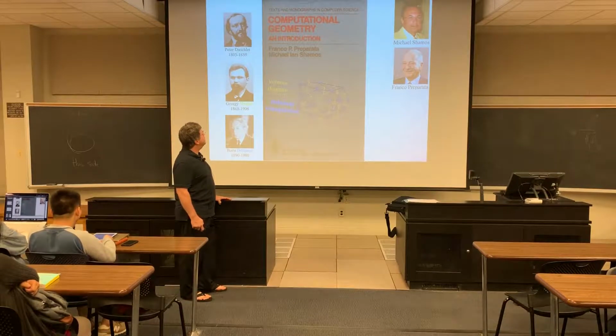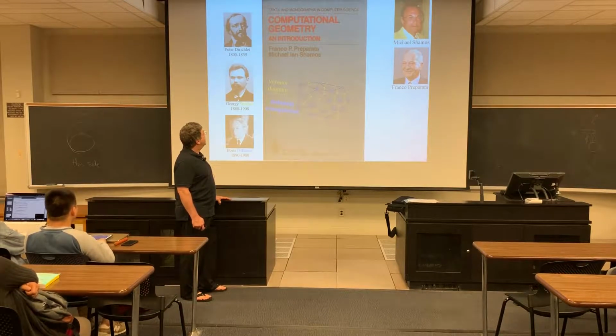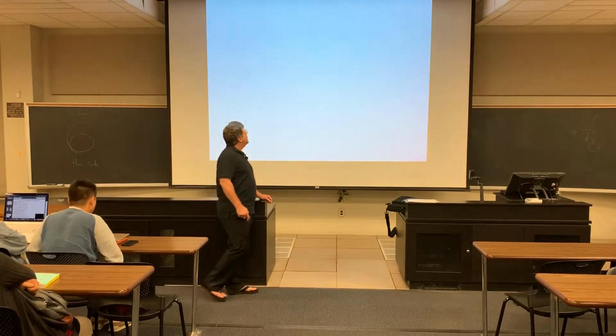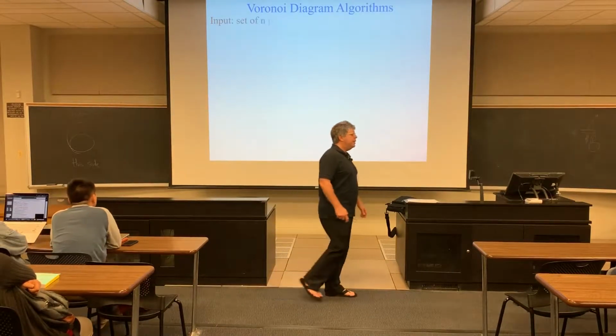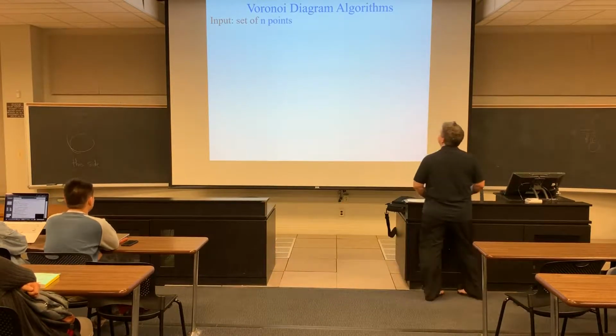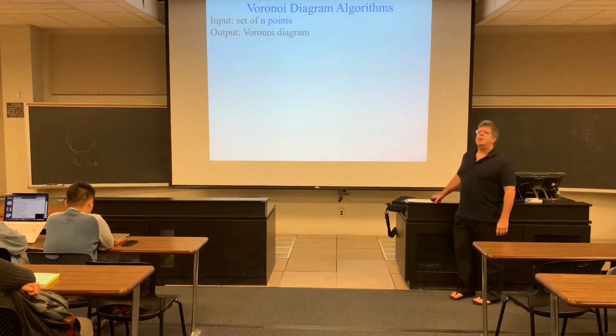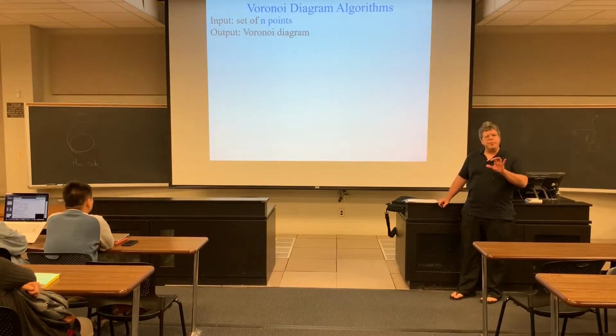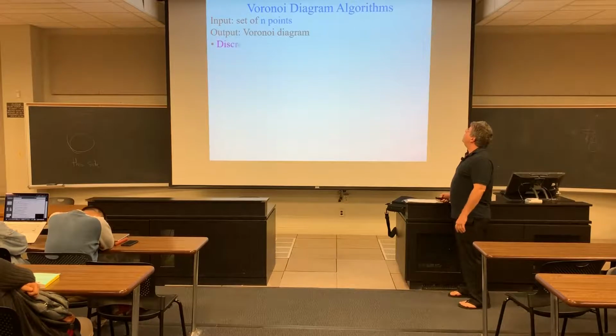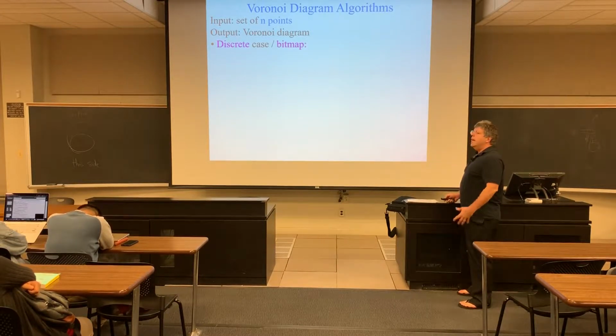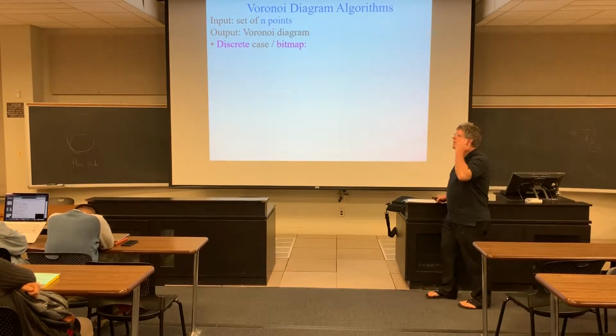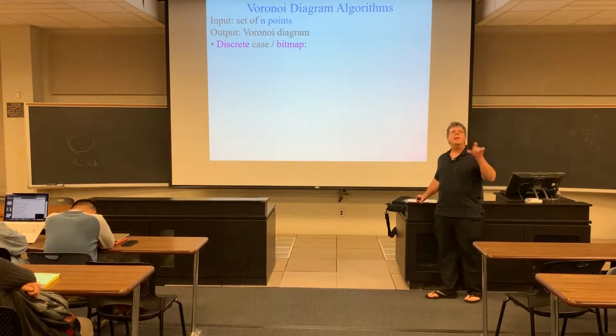algorithm first. To get the Voronoi diagram, you can use the fact that a Voronoi cell is the intersection of all the half planes, which are the perpendicular bisectors of pairs of points, one of them being the target point. Before we even do that, let's give an even simpler algorithm where the points are in a bitmap.